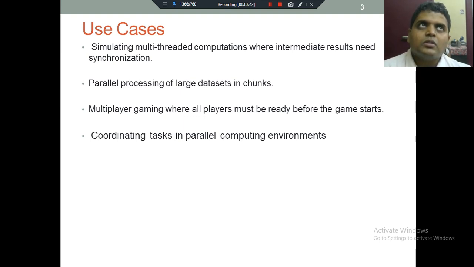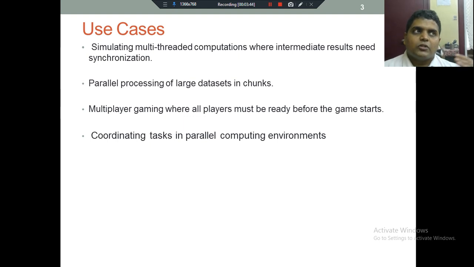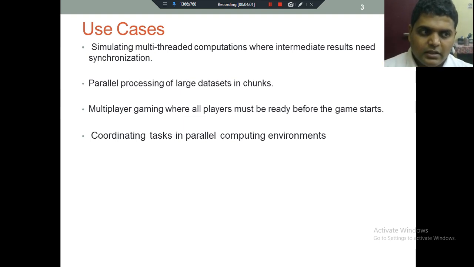Consider scenarios where multiple threads are each given a specific task, and they need to reach a common point in their execution. For that they need synchronization, where one thread is followed by another thread, followed by a third thread, followed by a fourth thread, in a multi-threading environment.